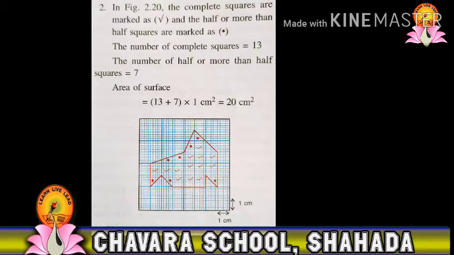So the area of surface is equal to 13 plus 7, and the area of each square is 1 centimeter square. So 13 plus 7 is equal to 20 centimeter square, as you can see in the figure.